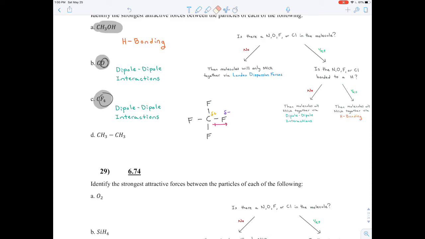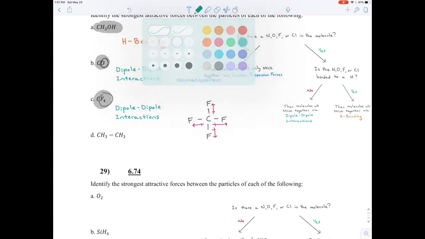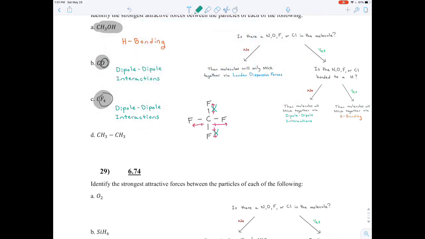Now, fluorine is more electronegative than carbon, so in each of these bonds, you would have a dipole that points toward the fluorine. So each of these bonds would give rise to dipole-dipole interactions with another molecule, except the one that goes up cancels out with the one that goes down.